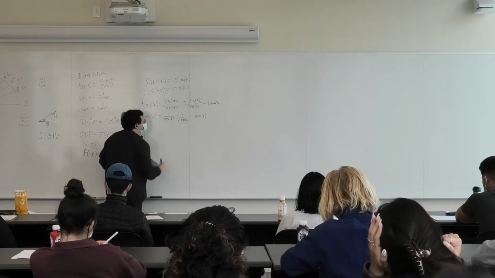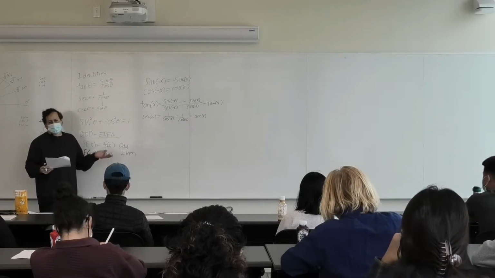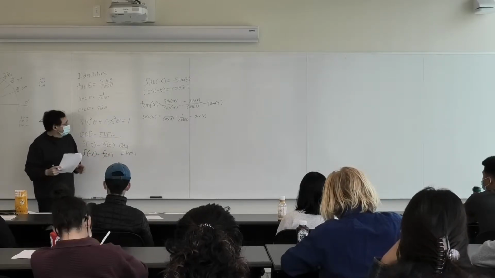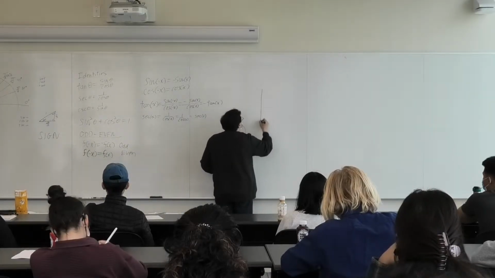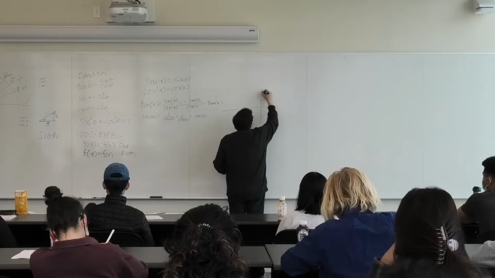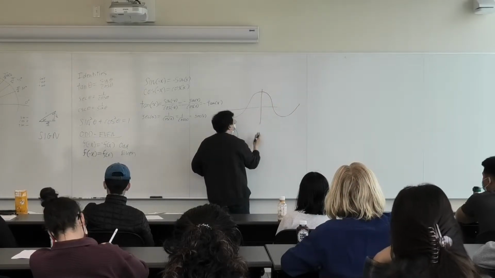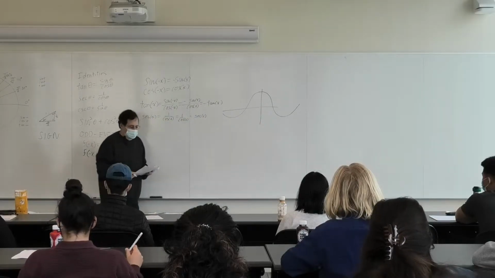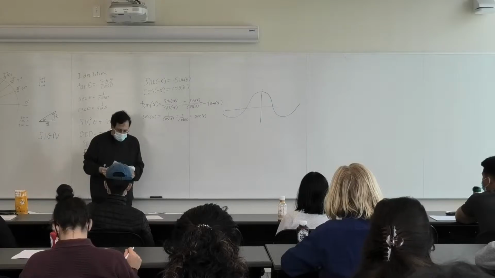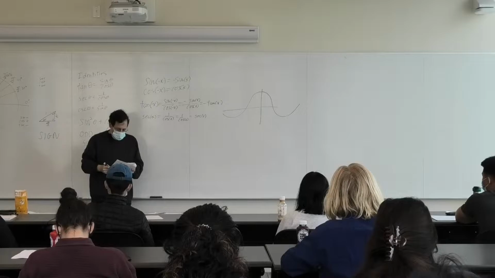So the secant is an even function, and the cosecant will be an odd function. Again, if you graph any of these, like cosine, if it's symmetric around the y-axis, it's an even function. Okay.